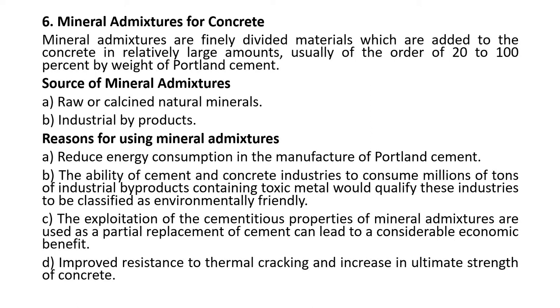The ability of the cement and concrete industries to consume millions of tons of industrial byproducts containing toxic metals would qualify these industries to be classified as environmentally friendly. The exploitation of the cementitious properties of mineral admixtures as a partial replacement of cement can lead to considerable economic benefits, improved resistance to thermal cracking, and an increase in ultimate strength of concrete.